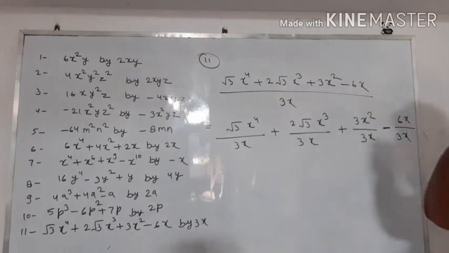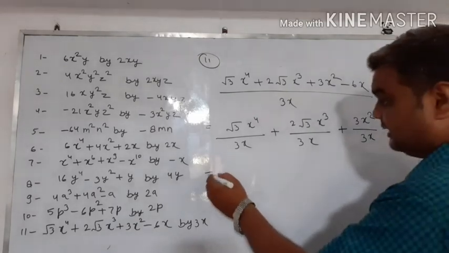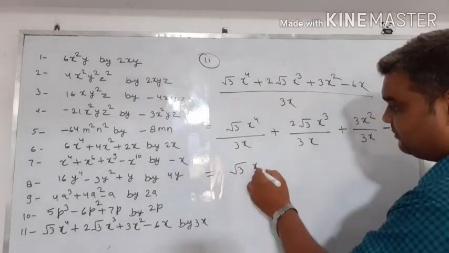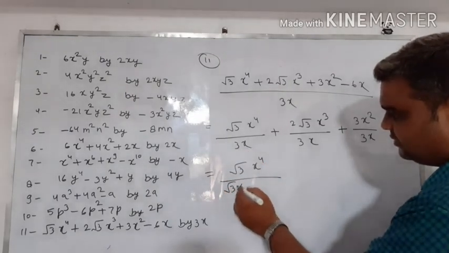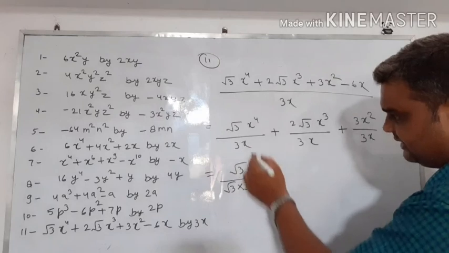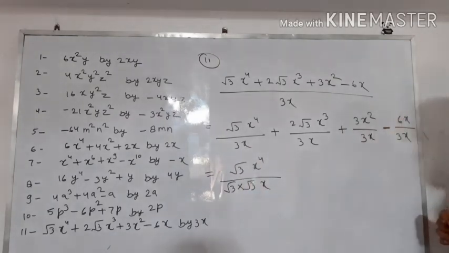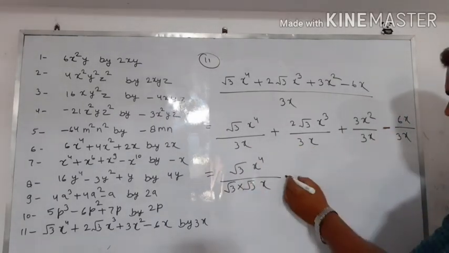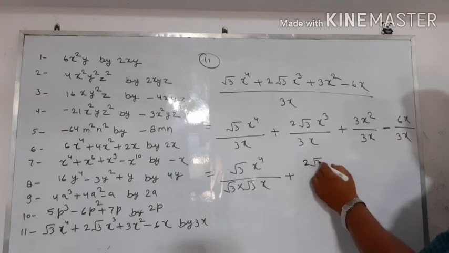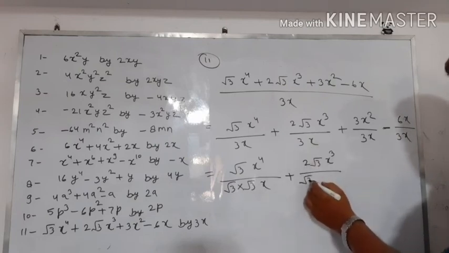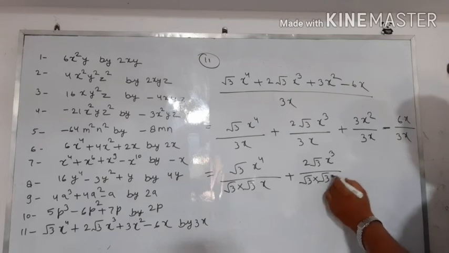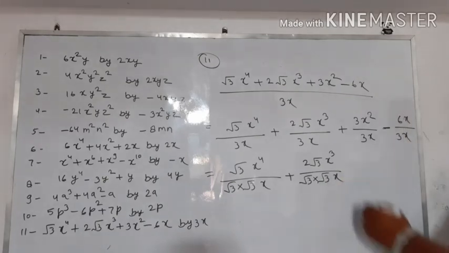Now let's see how we can do now. Under root 3x to the power 4, and this 3 we can write as under root 3 into under root 3, and then x, plus 2 under root 3x cube, and this 3 we can write as under root 3 into under root 3, then again x.